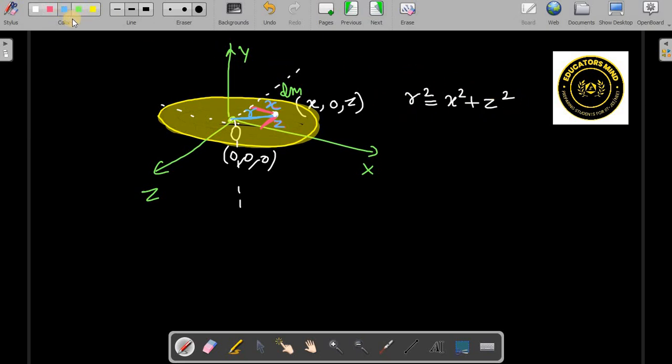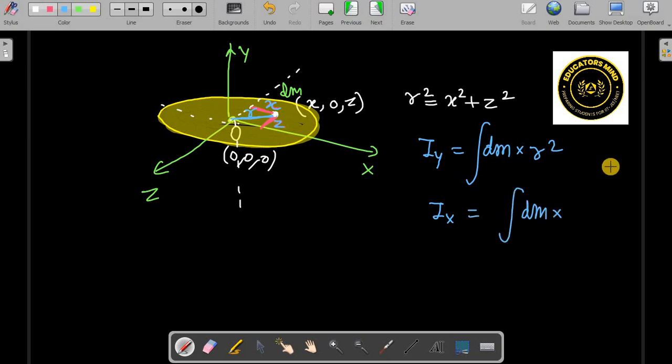Okay, so if you are going to consider moment of inertia about y-axis, of course you have to do integration, integration of dm into this r square. Similarly, if you want about x-axis, you have to take dm into z square, because about x-axis that distance is z. Moment of inertia about z-axis, then you have to take integration of dm into x square.